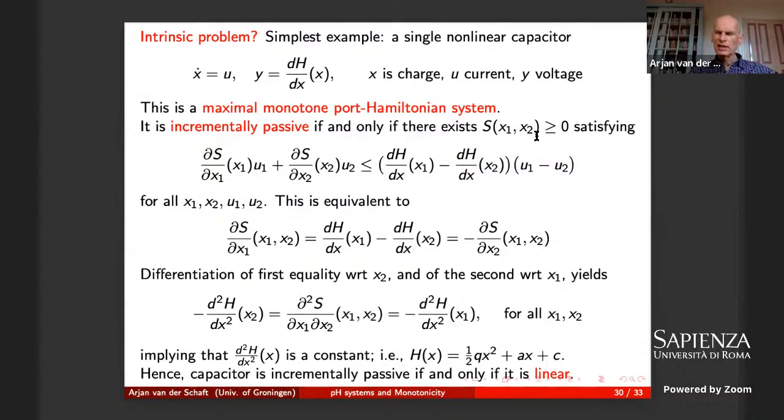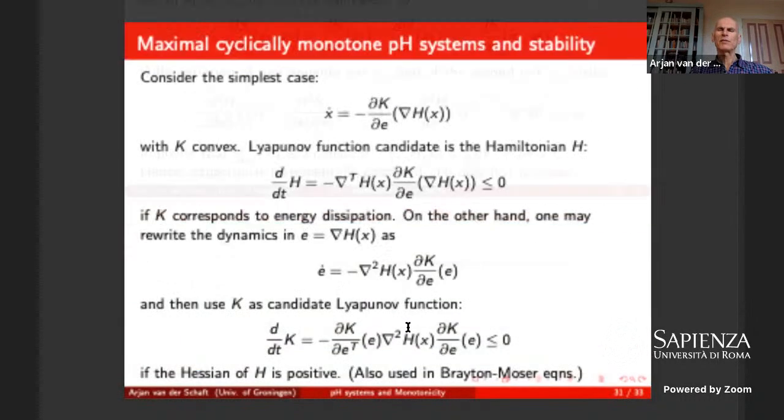Then we need that there is a storage function S, depending on x1 and x2, satisfying this. But that inequality is equivalent to this one. And then if we differentiate the first equality with respect to x2, then this drops out, and we get this. And if we differentiate the second equality with respect to x1, then we get that it is equal to this.